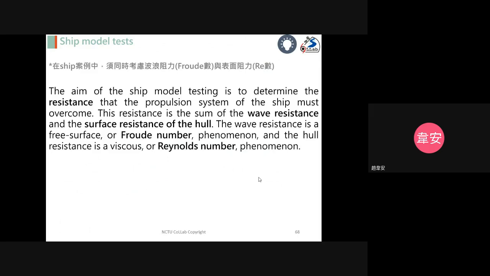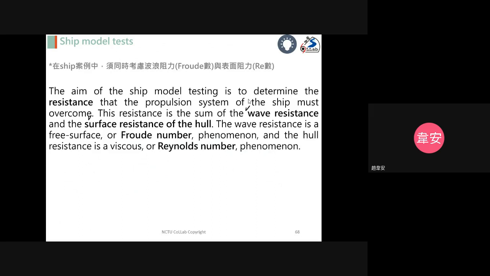This is the final case. We are focused on ship model testing. The aim of ship model testing is to determine the resistance that the ship must overcome. This resistance is the sum of the wave resistance and the surface resistance. The wave resistance is usually related to the gravity force, and the surface resistance corresponds to the viscous effect.